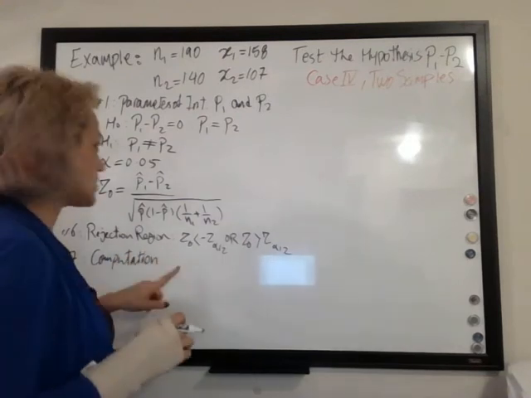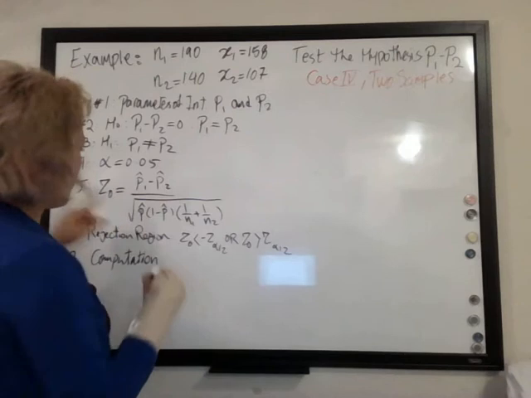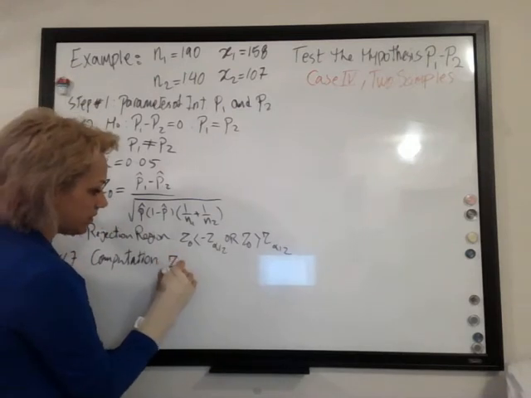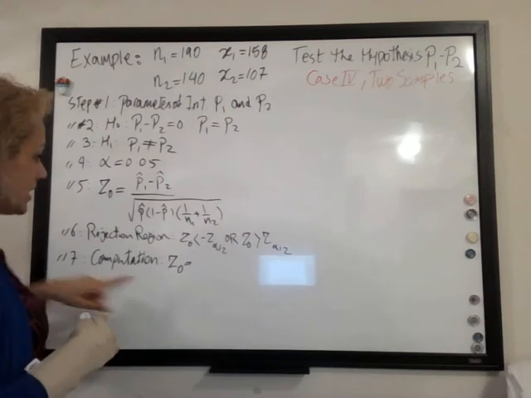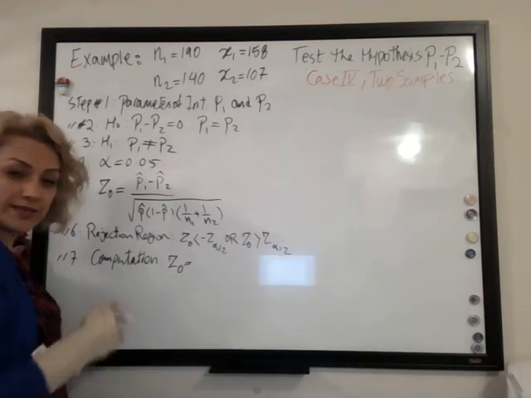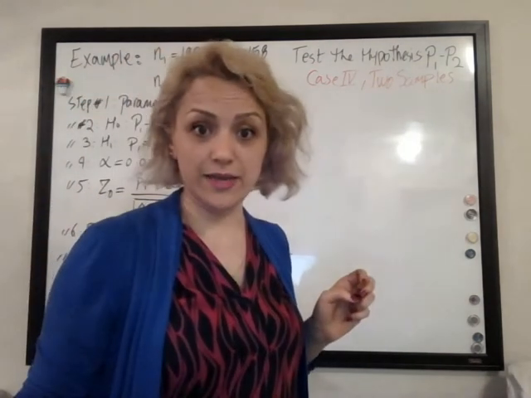And for the computation, it means that we do the calculation, everything. So for example, for Z null, we are going to put the number P1 estimate and P2 estimate. So I would need to write down what's going to be P1 estimate and the P2 estimate here.